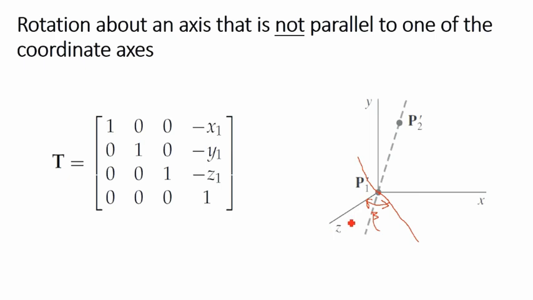It's already in the xz plane, so once it is on the xz plane, it is making beta degree with respect to the z axis. To perform this rotation, I'll have to rotate this axis by beta degree to align it on the z axis like this, right?